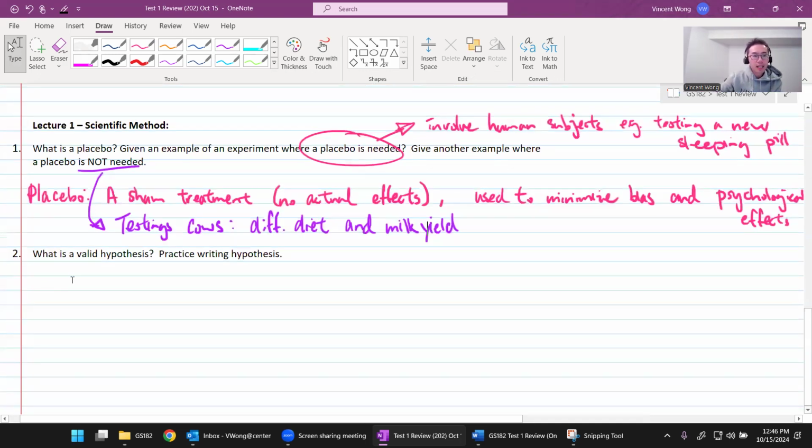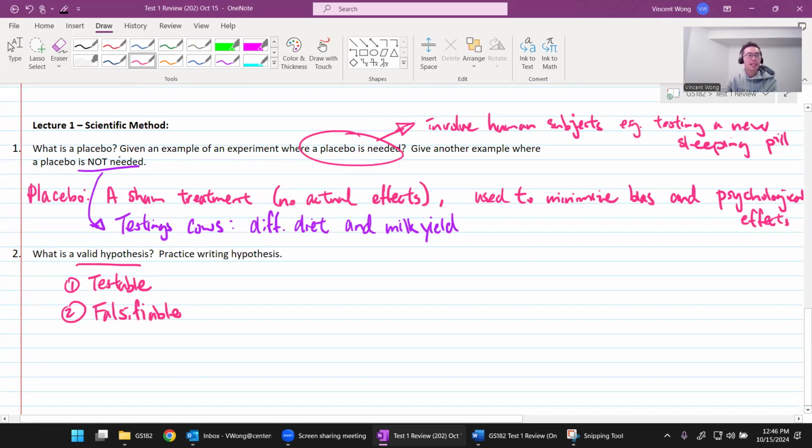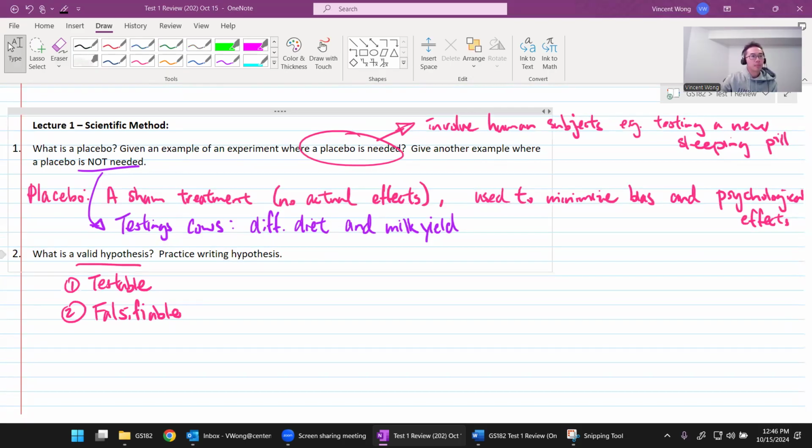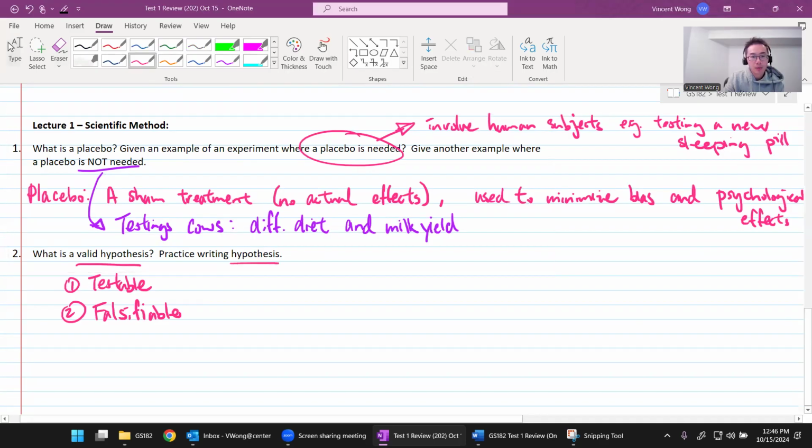What is a valid hypothesis? As you may recall, a valid hypothesis must be, number one, testable, and number two, falsifiable. You need to be able to run an experiment to test it, and it must be potentially wrong. We can practice writing a hypothesis.